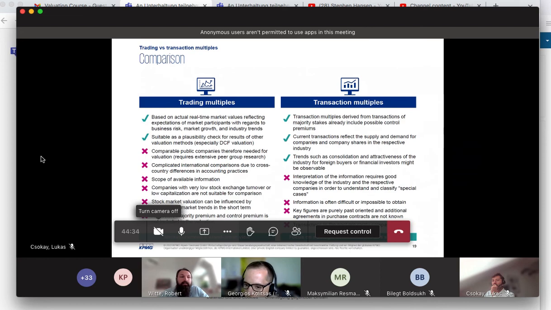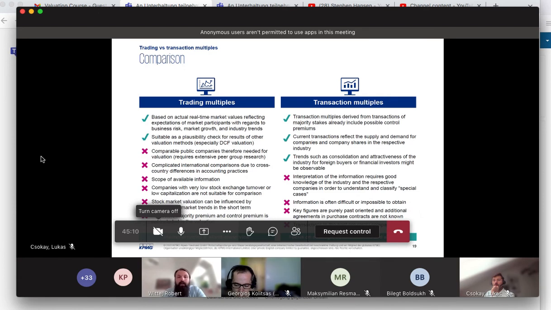But if they are, let's say, 5 years ago, right, you might want to check whether the multiples are still representative of today's market environment, right? Maybe there was some change in legislation, or maybe some change in customer awareness or customer preferences or something. So you might want to double check. With the trading multiples, you can just look at the current stock prices and calculate the current trading multiples. So you know that you have a current market environment.